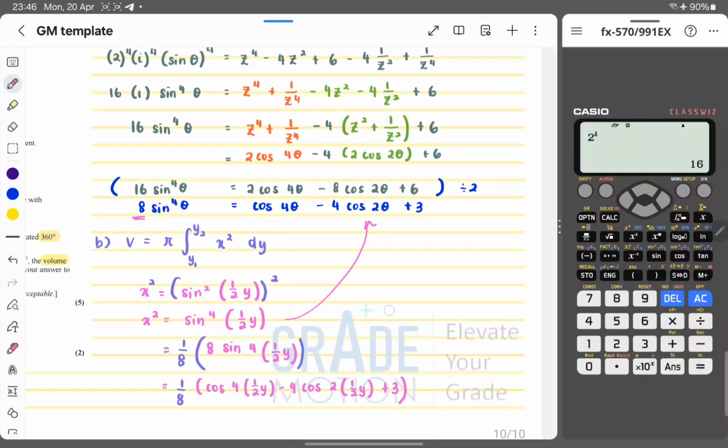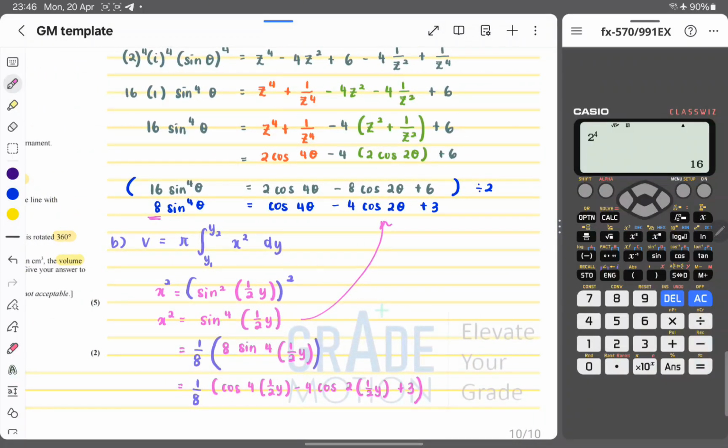There we go. Let's expand and simplify this one. So we will get 1 over 8 cos 2y minus 4 over 8, that would be half, cos y plus 3 over 8. That is the equation for x squared.